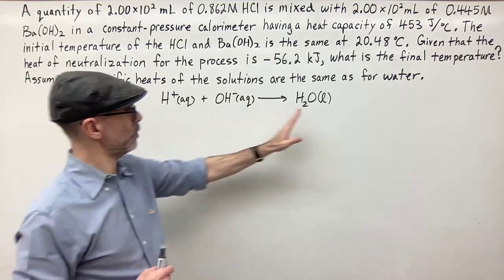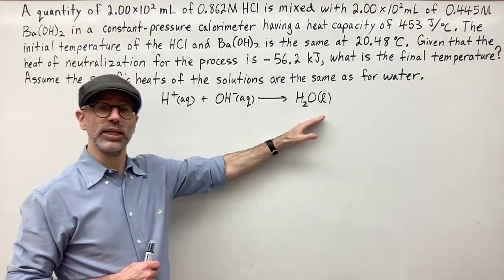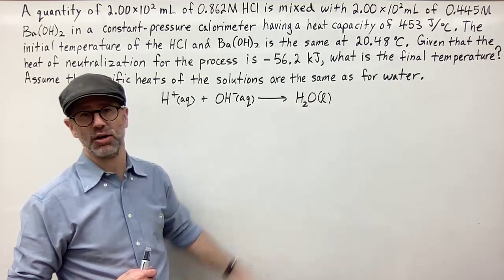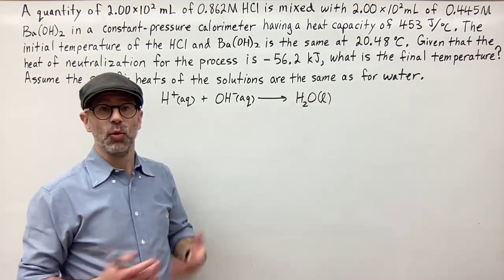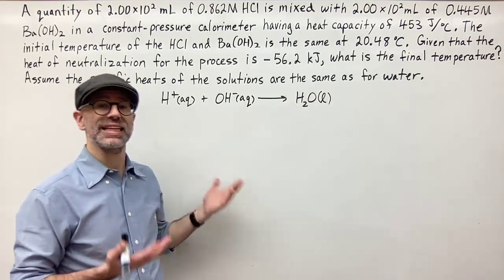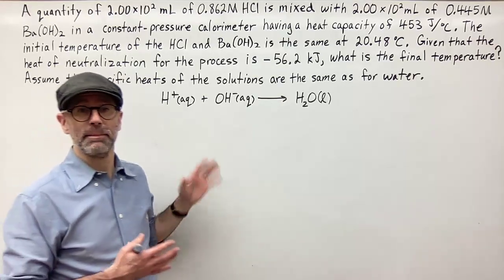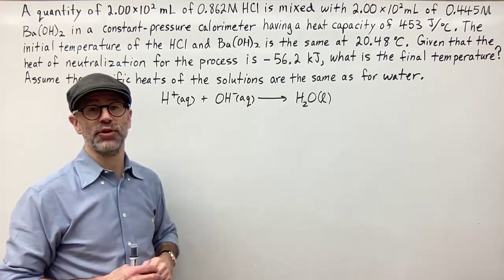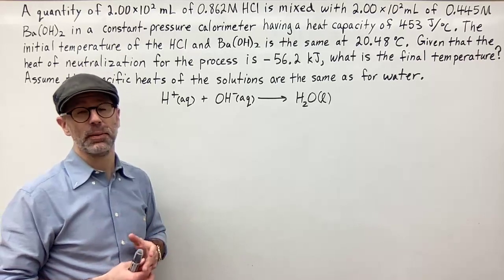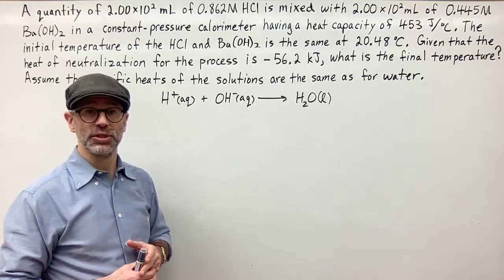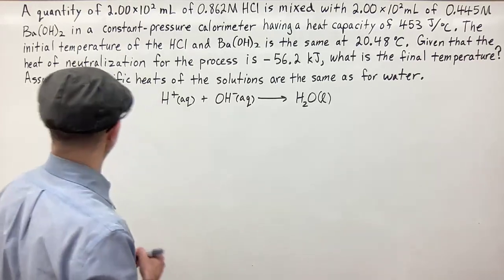I can convert both reactants and see which one gives me the lesser amount of water. The one that gives me the lesser amount of water is the limiting reagent, and that amount is the maximum that can be produced from this reaction. So let's go ahead and figure that out.